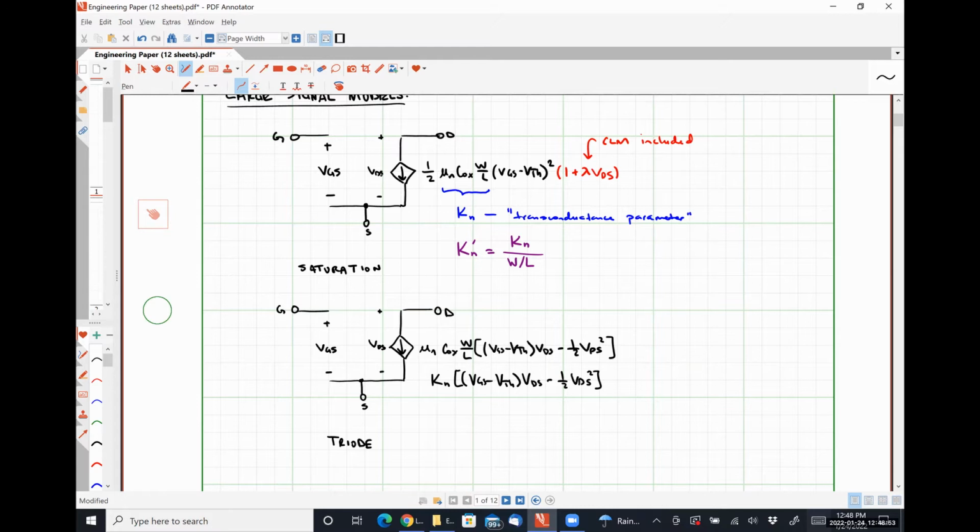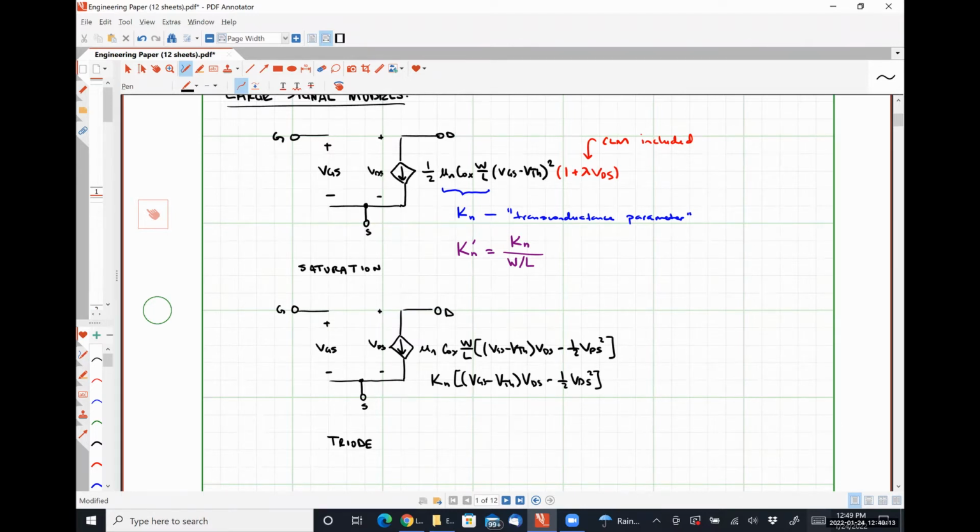Will I have a channel length modulation term ever for my triode region operation? No. Channel length modulation means that we are operating where our channel is pinched off, which is only true when we are in saturation.